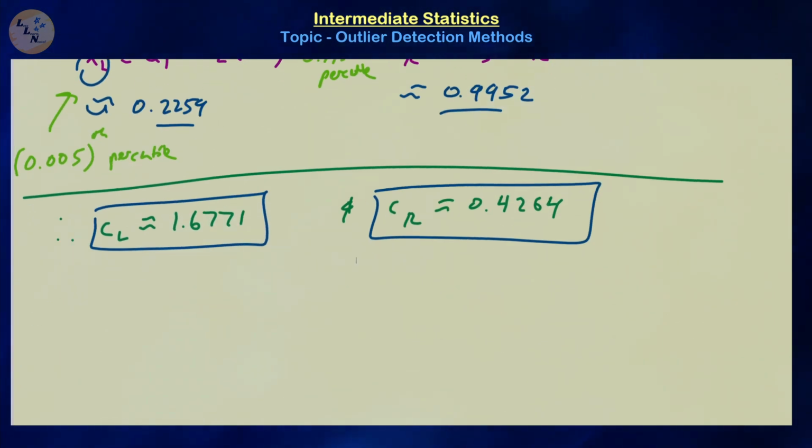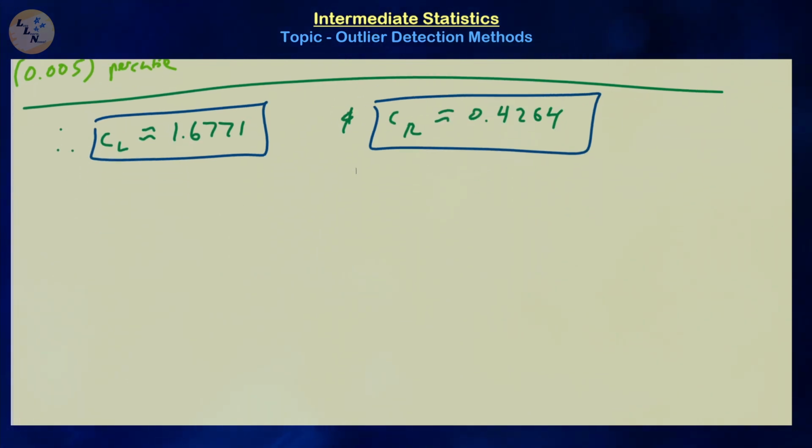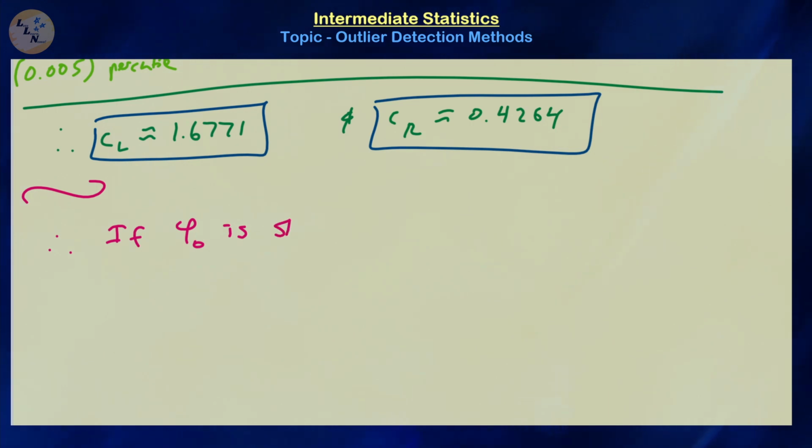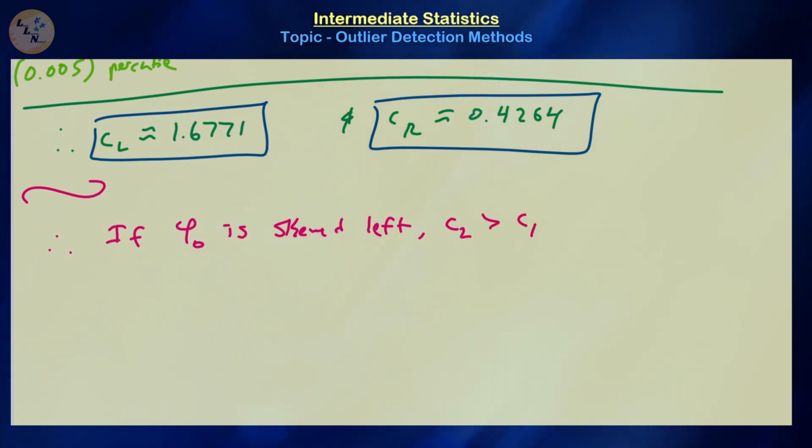So what is the relationship between the left and right threshold values? We can conjecture the following observations. If our proposed distribution is skewed to the left, then the left threshold constant typically is going to be greater than the right threshold constant.